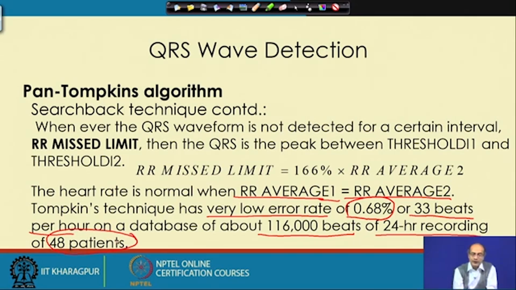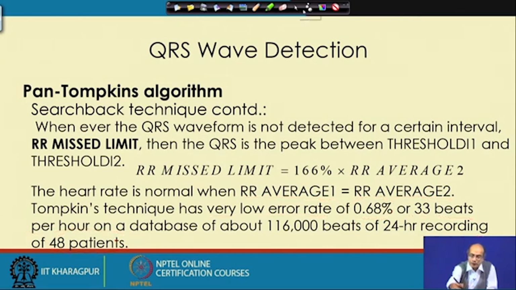So, with a very exhaustive database of 48 patients, and by collecting their 24 hours recording, that means throughout the day whatever the changes that occurred, they could get a very good estimate, only 0.68% of the R beats are missed in this case.